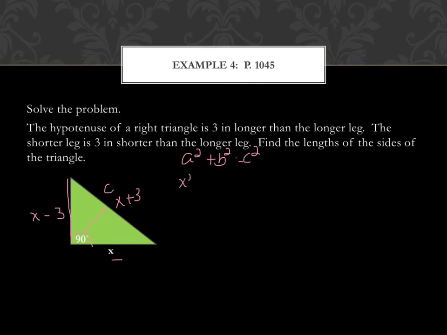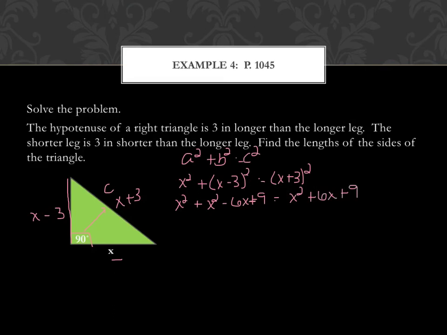So x squared plus x minus 3 squared equals x plus 3 squared. So x minus 3 squared is x minus 3 times x minus 3, so x squared minus 6x plus 9 equals x plus 3 squared is x plus 3 times x plus 3, so x squared plus 6x plus 9.